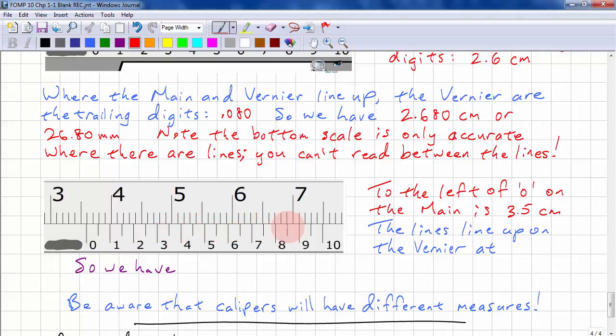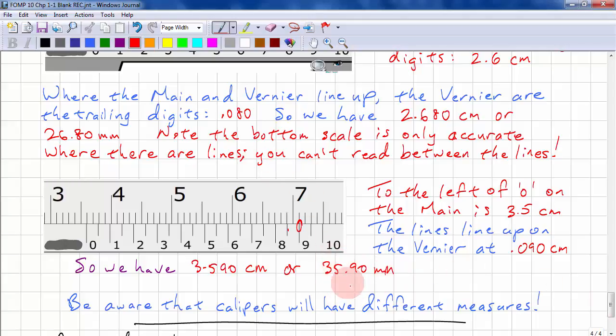Here, this is slightly to the right of the main, and here, this is slightly left of the main. So this is perfectly lined up, and it's at 0.090 centimeters. So we have 3.590 centimeters, or 35.90 millimeters.